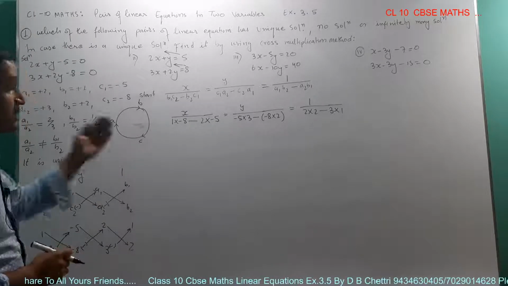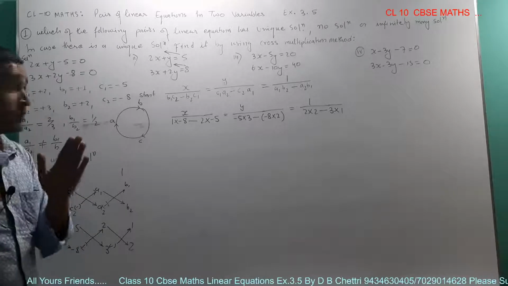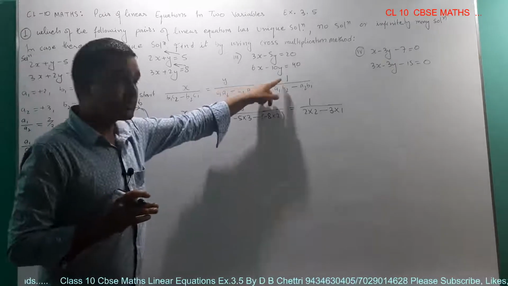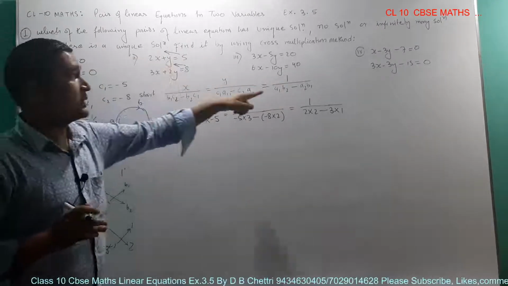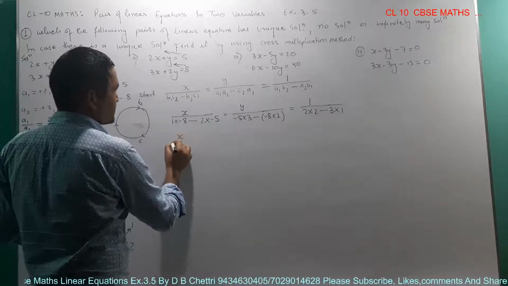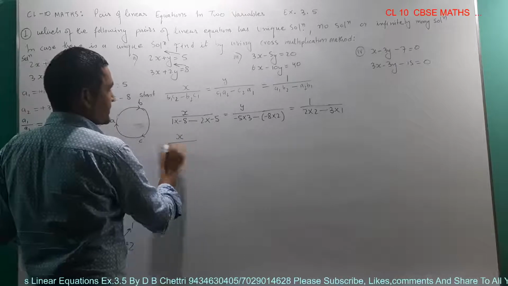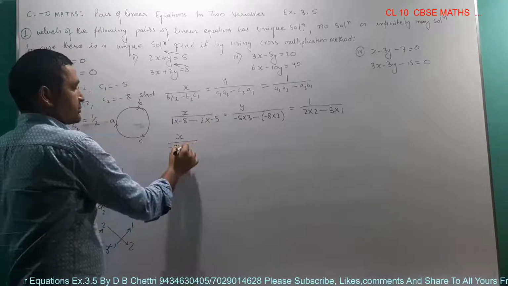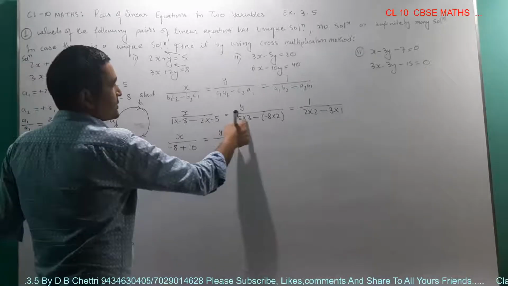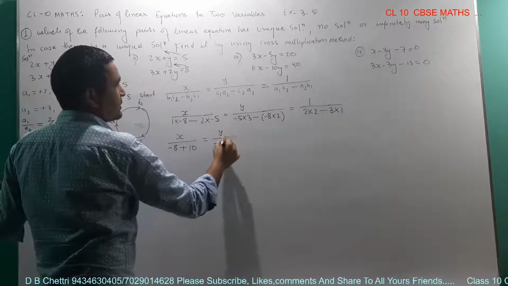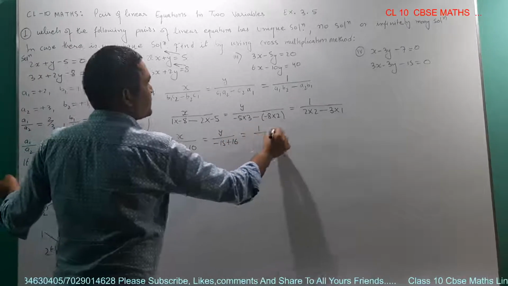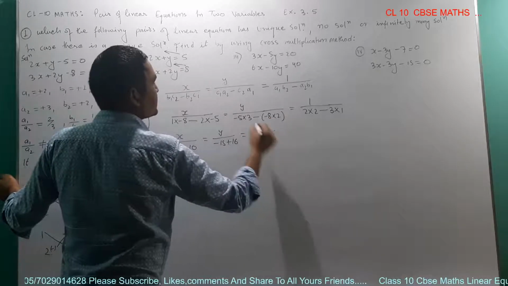Now let's simplify this, and remember the main important point: if all the terms are on one side, use plus 1. If the third term is towards the right side, then use minus 1. Now let's simplify. X by plus minus minus 8, and minus minus plus 2 5 is 10, then y by minus plus minus 5 3 is 15, then minus minus plus 8 2 is 16, equals to 1 upon 2 2 is 4, 3 1 is 3.